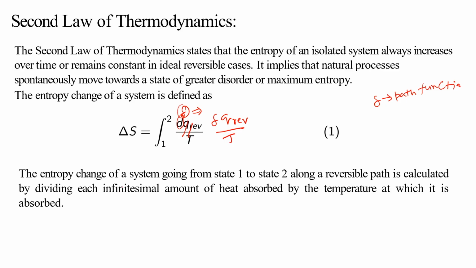The entropy change of a system going from state 1, the initial state, to state 2, the final state, along a reversible path is calculated by dividing each infinitesimal amount of heat absorbed by the temperature at which it is absorbed.